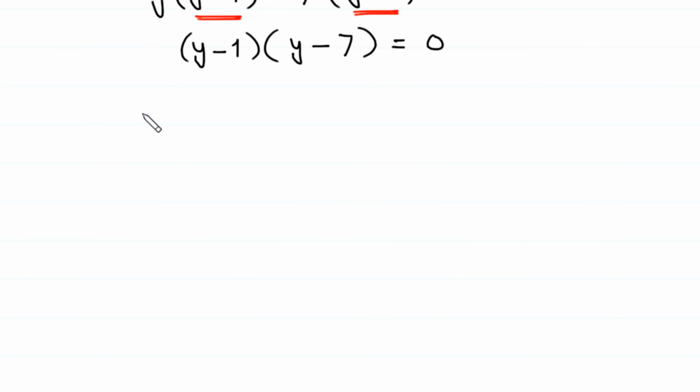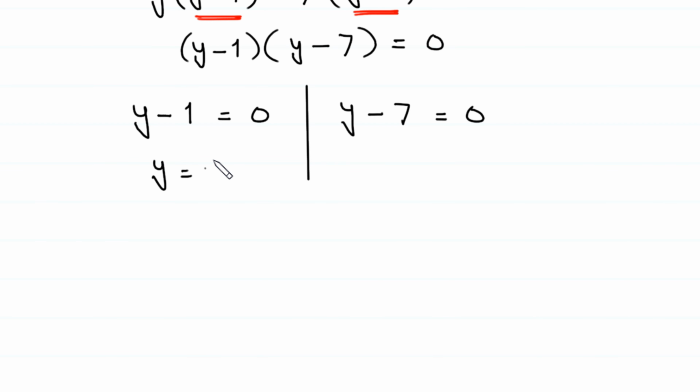Now from here, either y minus 1 is equal to 0 or y minus 7 is equal to 0. From here y is equal to 1 and from here y is equal to 7.